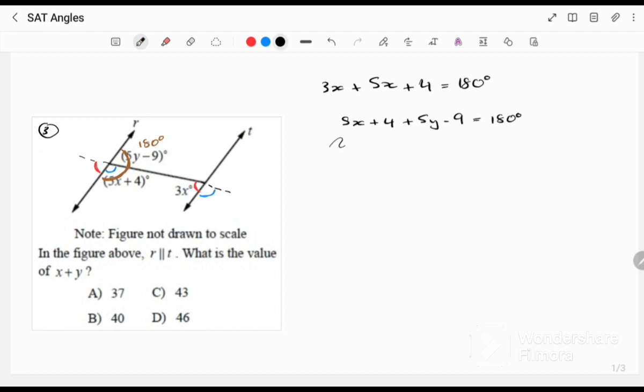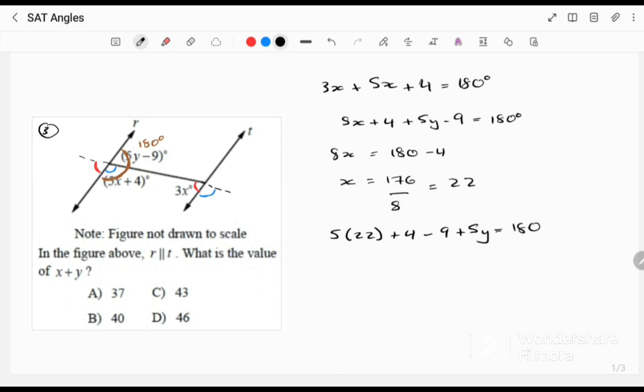So we have, using the first equation, 8x is equal to 180 minus 4. X is equal to 176 over 8. And that gives us the value of 22. Now, since we have x, we can plug into the second equation. 5x, which is 22, plus 4 minus 9 plus 5y is equal to 180.